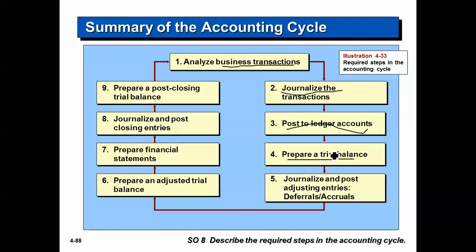We have to make adjustments like depreciation and unearned revenue we've earned. So in chapter 4, we learn how to journalize and post the adjusting entries. And then once we do that, we come up with what's called the adjusted trial balance, which we know everything is true now. And we prepare our financial statements.